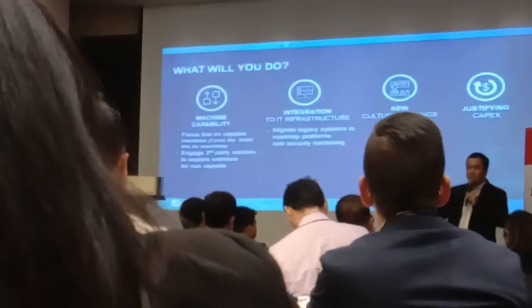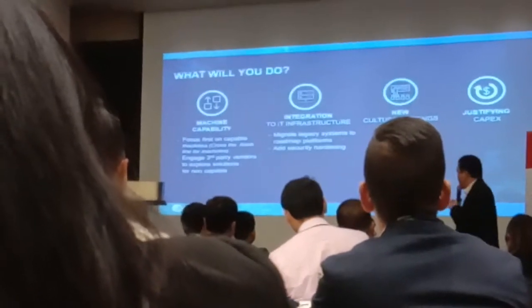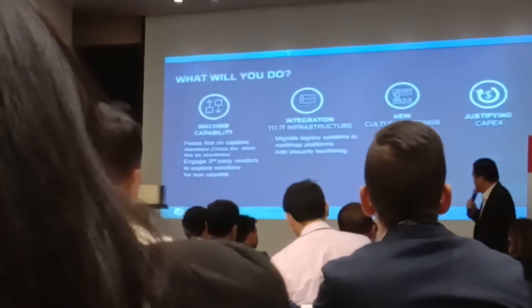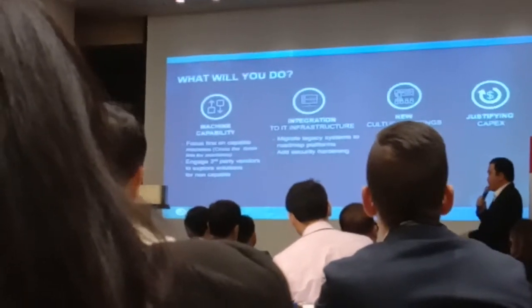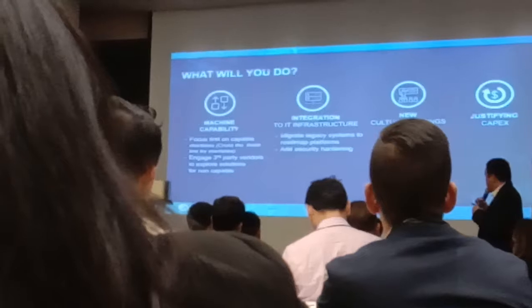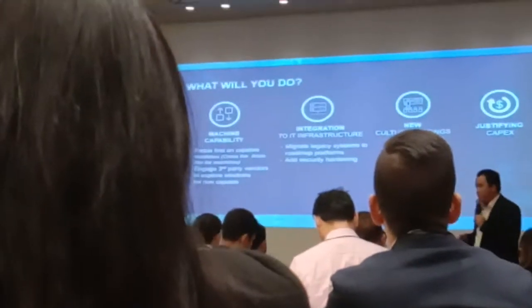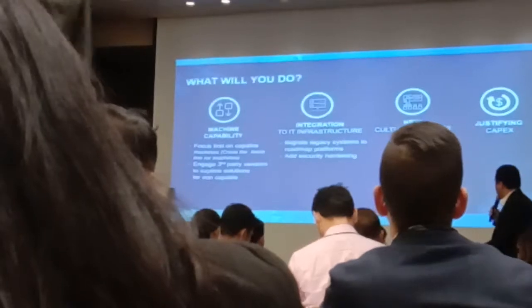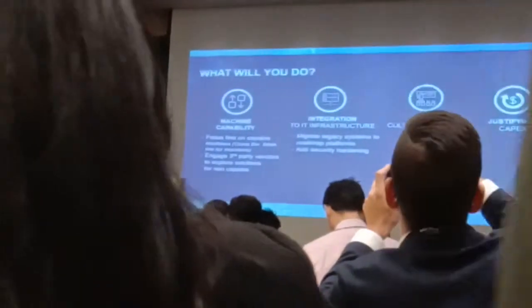Every development should move on to the roadmap platform. I stopped it because it requires a lot of people to maintain it. And of course, Kevin is the expert for this. We add security hardening, a lot of firewalls, a lot of VPN, a lot of SSL, and we're making sure that our factories are safe.